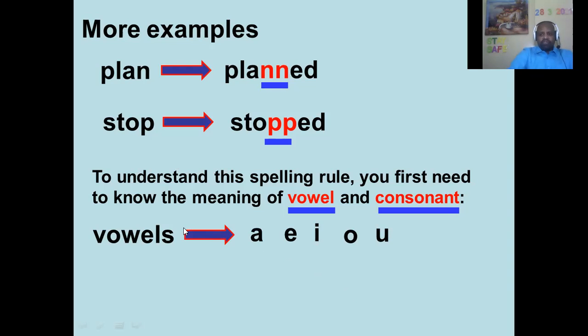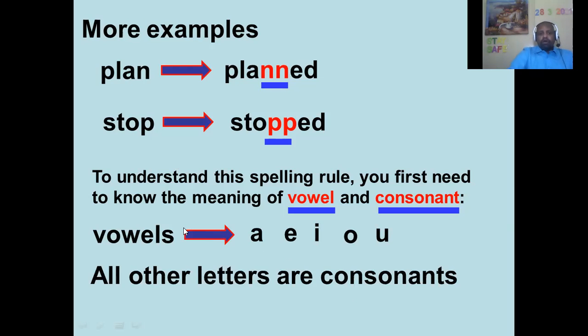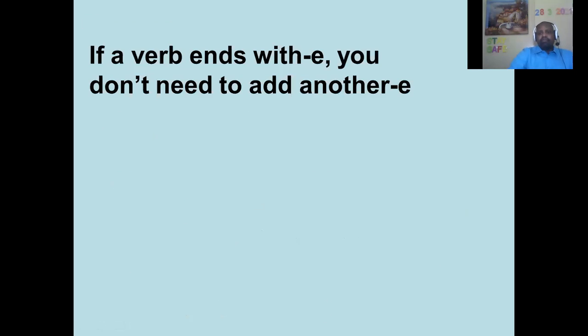Out of 26, if you take 5, all other letters are consonants. B is a consonant, C is a consonant, D is a consonant, F, G, etc. These are the consonants.